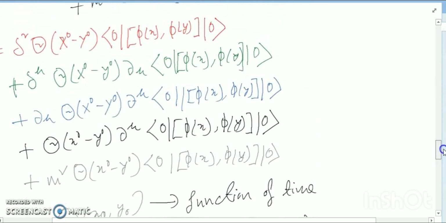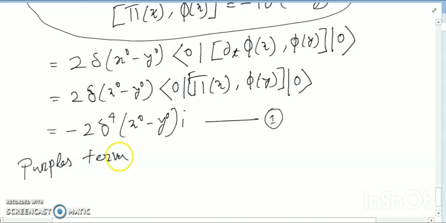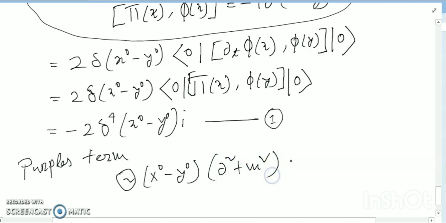So now I use the Klein-Gordon term. The term is capital theta (x0 minus y0) into the Klein-Gordon equation (del square plus m square) equal to 0.